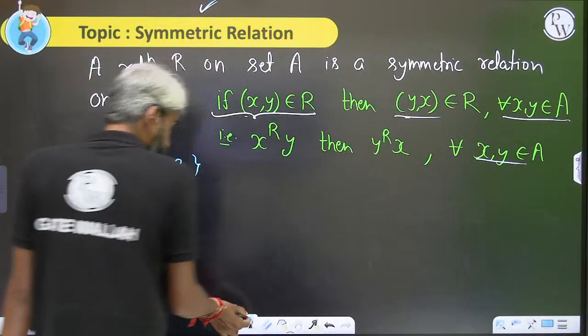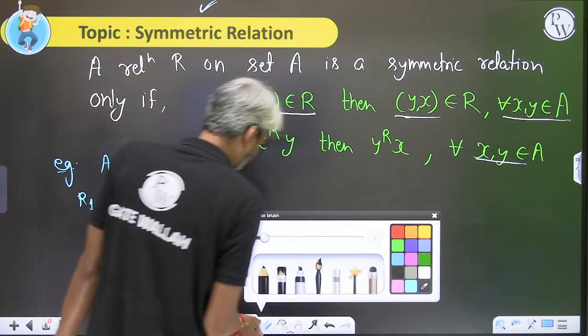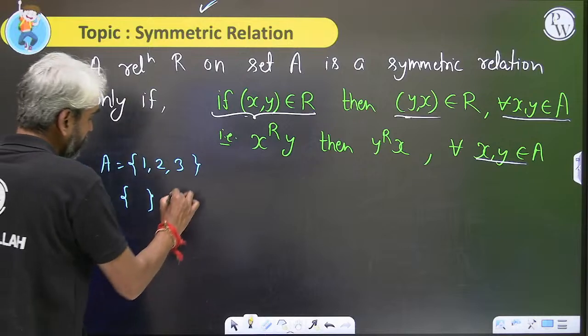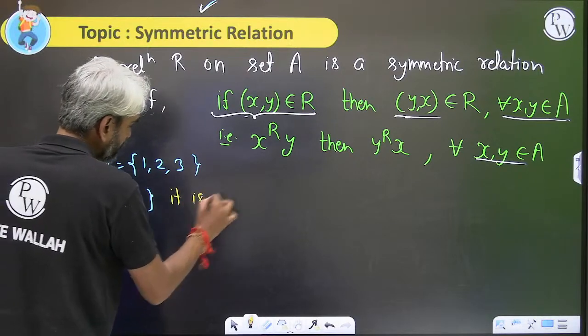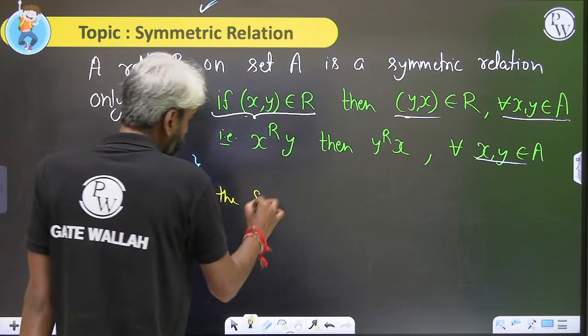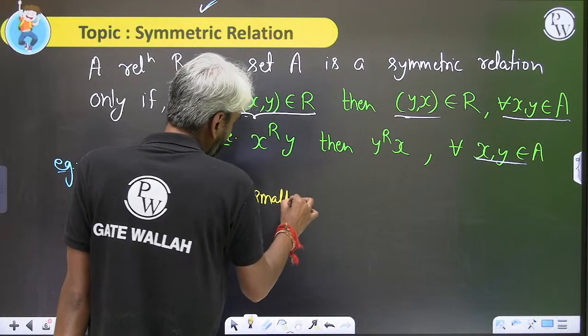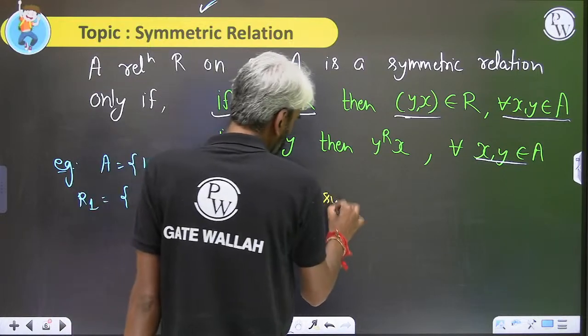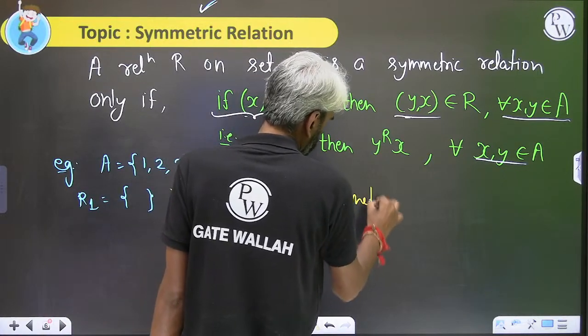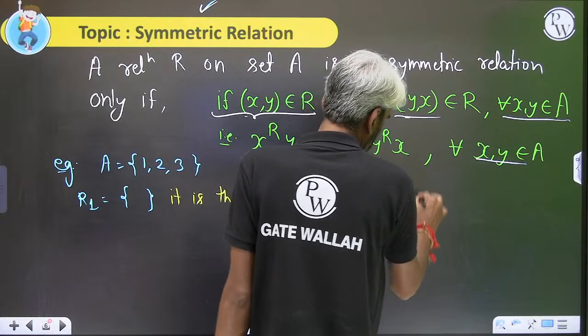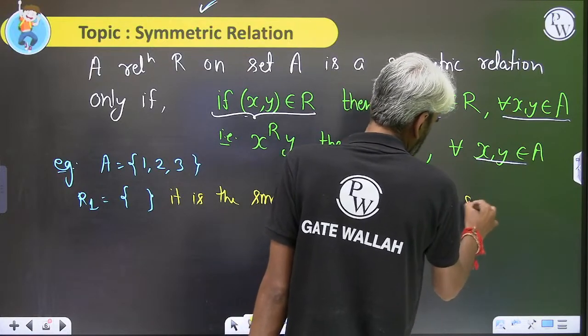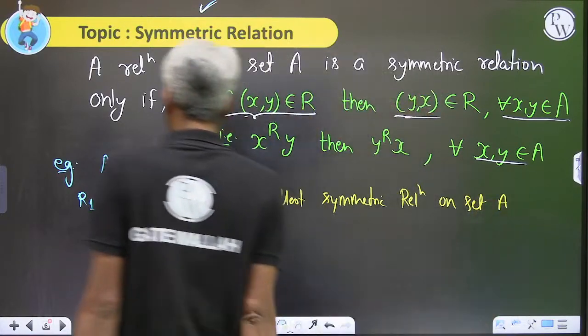That is, the empty set is the smallest symmetric relation on set A.